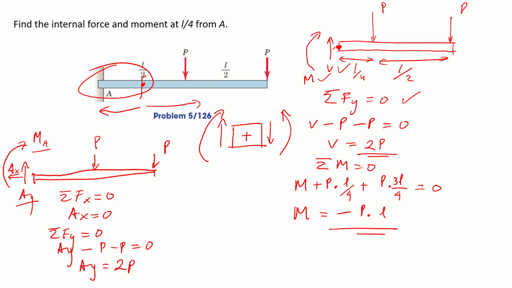And using sigma moment at A equal to 0, what we will get is MA plus PL per 2 plus PL is equal to 0, which means MA is supposed to be minus 3PL per 2.